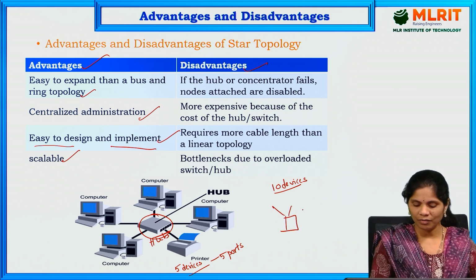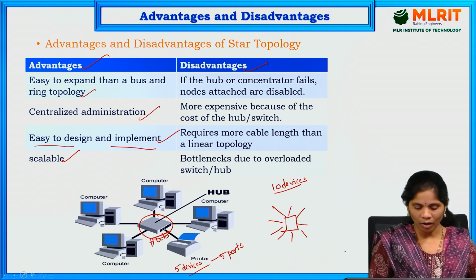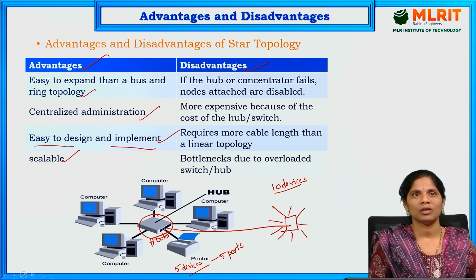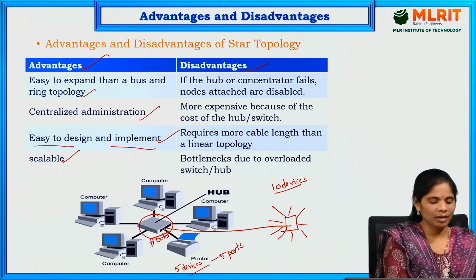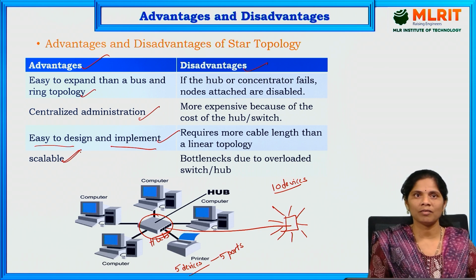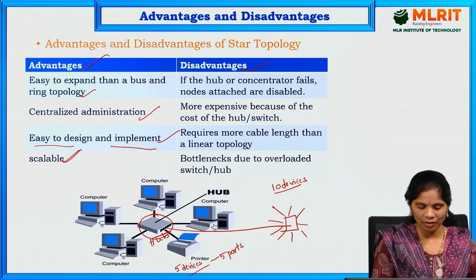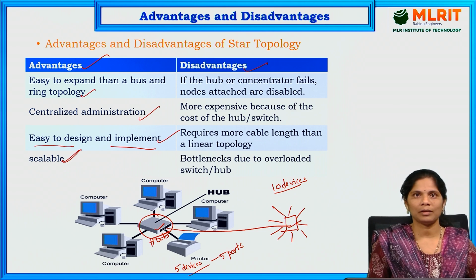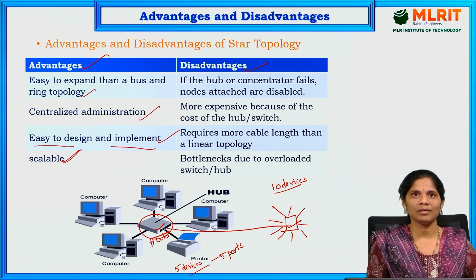All 10 devices are connected to this particular switch. Then there is a link between this switch and that switch. Like this, it is scalable. Meaning if you want 10 extra devices, they will connect to another switch. There is a link between this hub and another hub. That is the scalability. These are the advantages of star topology.